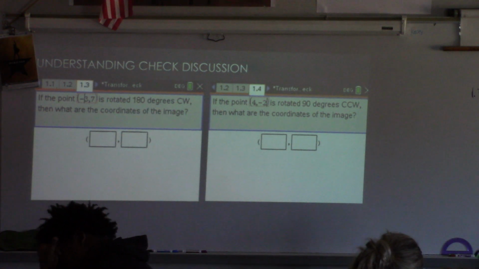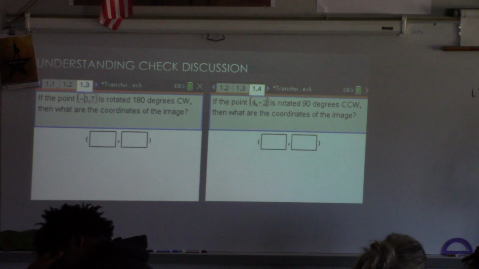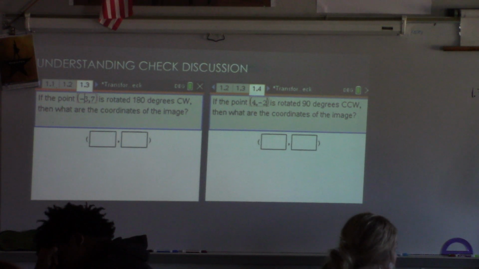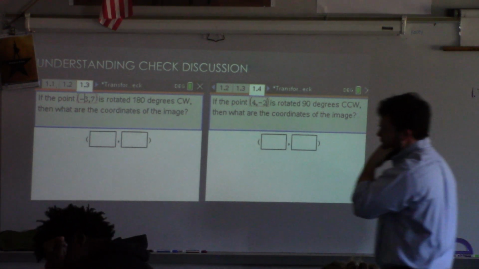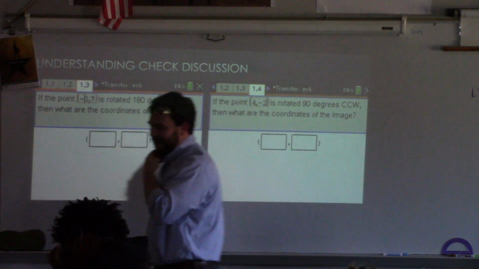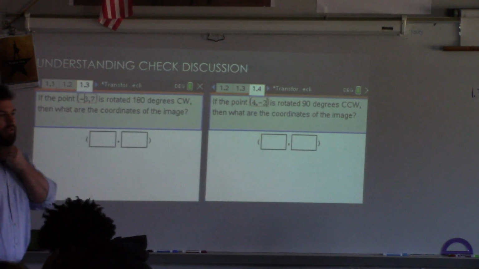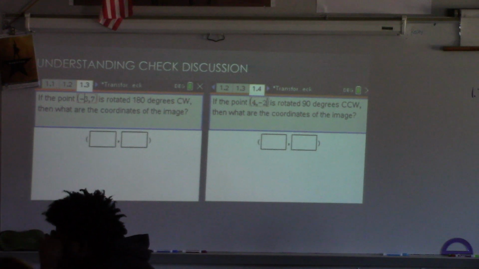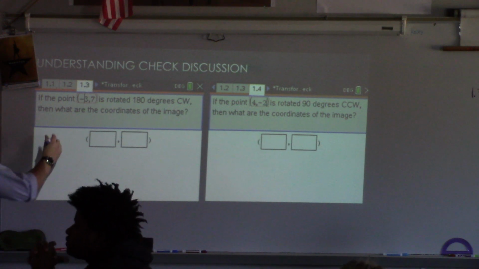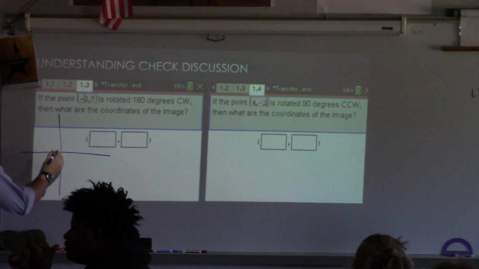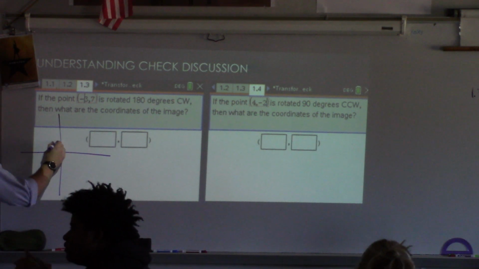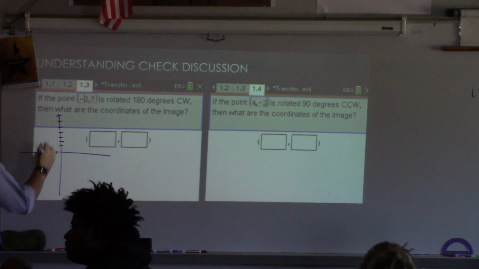So I assumed 1.3 and 1.4, 1.3 for sure. So a couple of quick things. I'm going to reference back to the graph to make this make sense. But there's a very simple way to do a 180-degree rotation. So first off, we have -3, 7: 1, 2, 3, 4, 5, 6, 7.